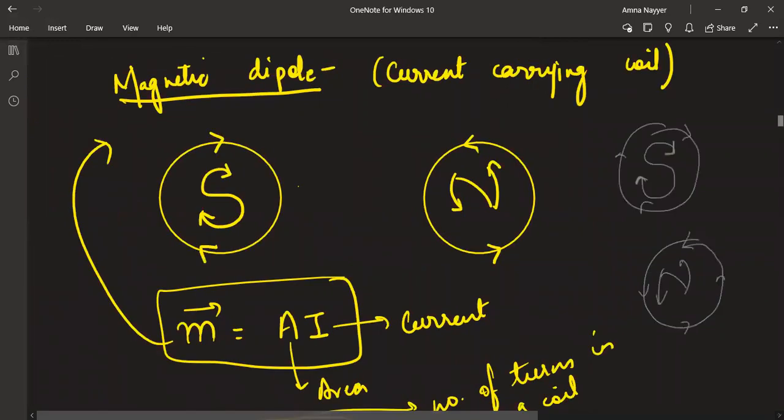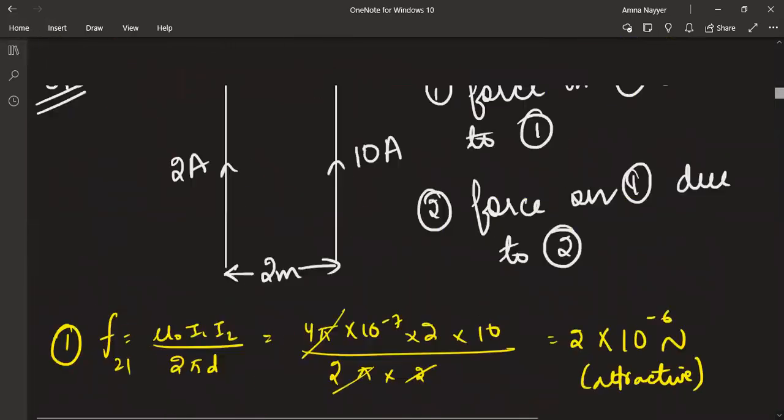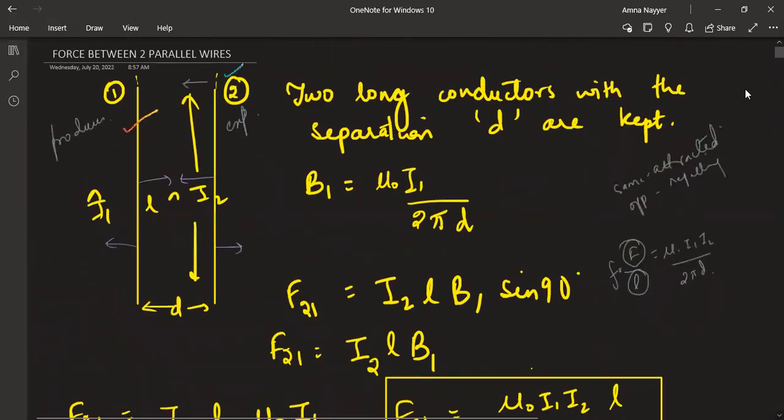Next, before the magnetic dipole, you have the force between two parallel wires. So the force on an individual wire is given by B I L, that is I (L cross B). This is actually the formula for it. So if it is a single conductor, you will use B I L sine theta.